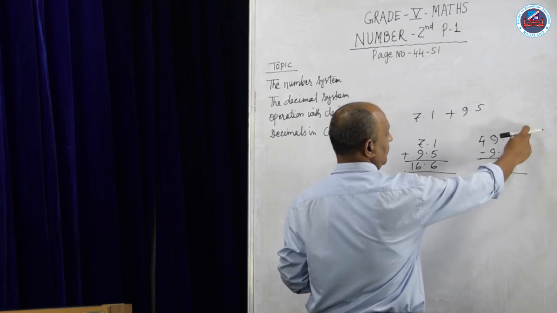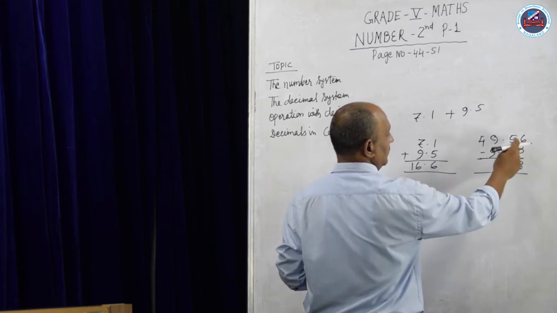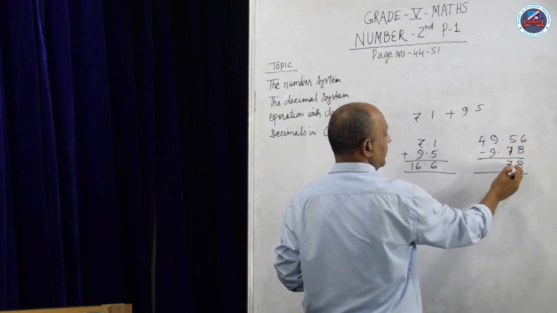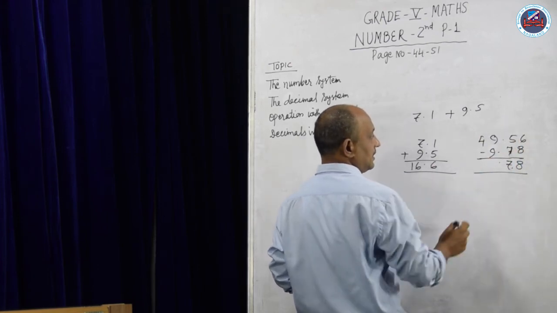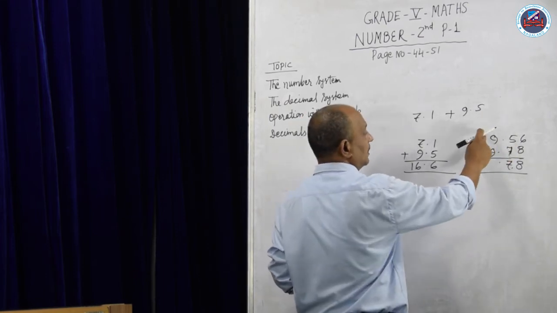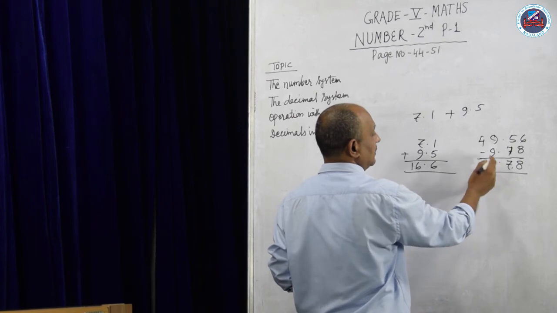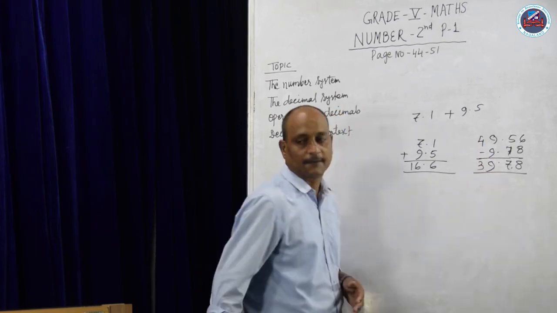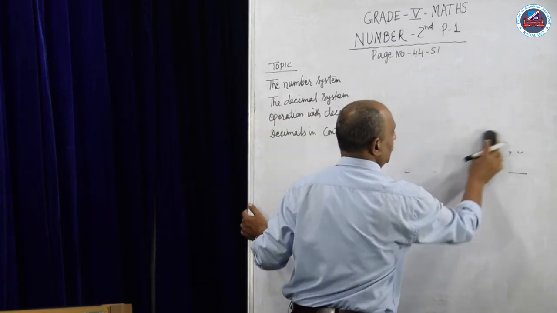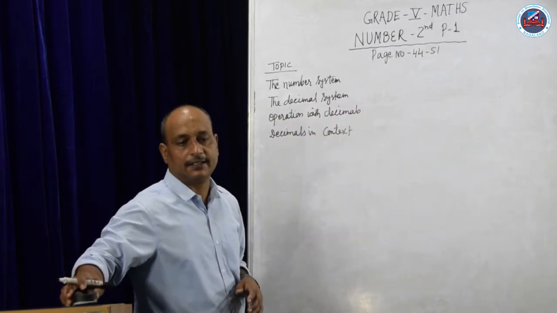Borrow from here 1. 16 minus 8, 8. Here remain 4. Borrow from here 1. 14 minus 7, 7. The decimal will be in the same place. 1 you have given to him. So remaining 8 here. So 18 minus 9, 9. Here left 3. So 3 is coming here. So in this way, we can either add or subtract any number.